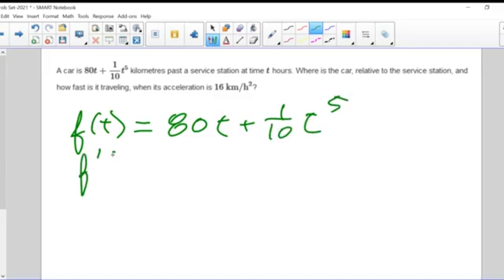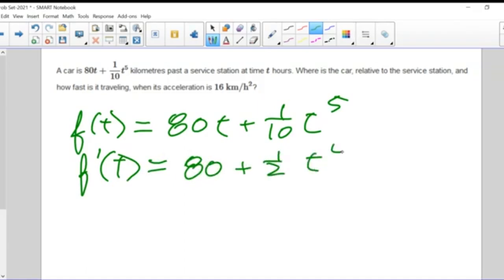Here's my velocity function, which would be 80 plus 5 times that, that's going to give me, what is that? A half t to the power of 4, right? And then my acceleration function now, double prime of t, is going to be equal to 2t cubed, right?